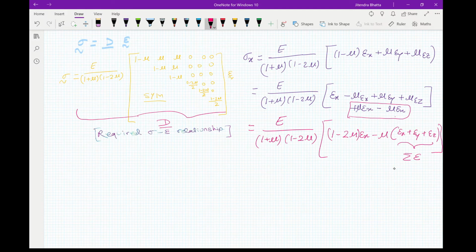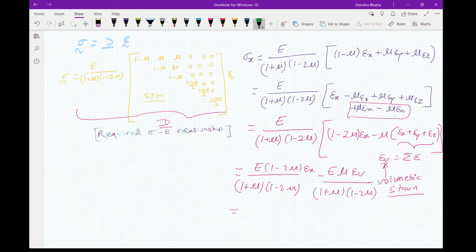Now this is known as Ev, the volumetric strain, which gives us how much change in volume has occurred in the element. Now this reduces, canceling out this one here, and then you can write, sorry, this will be plus.